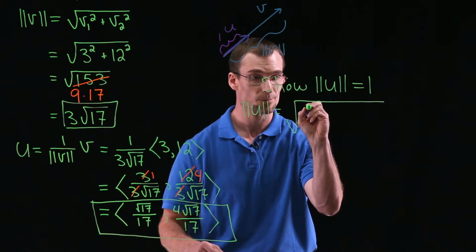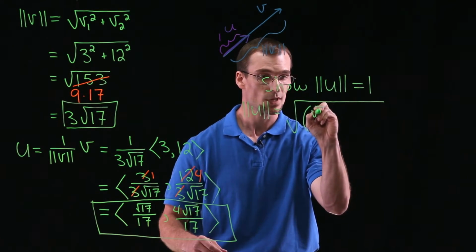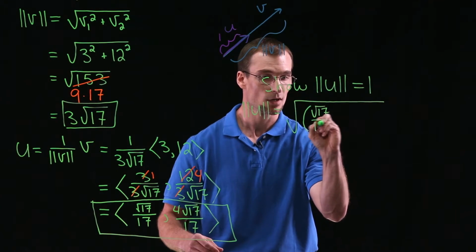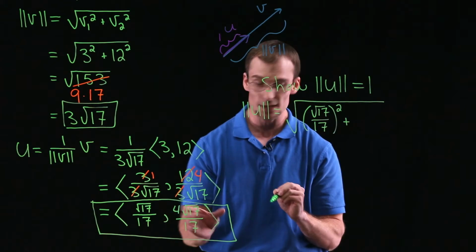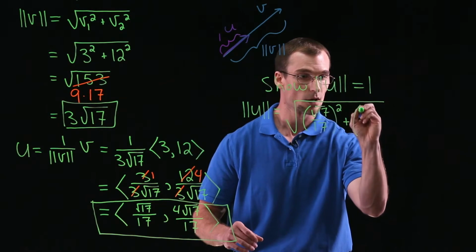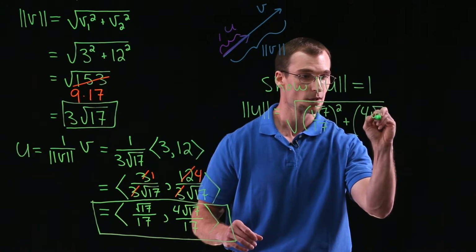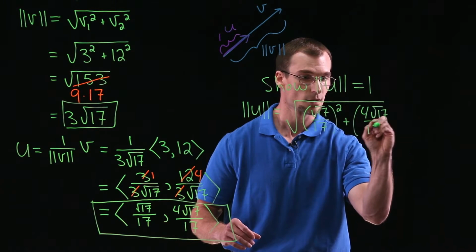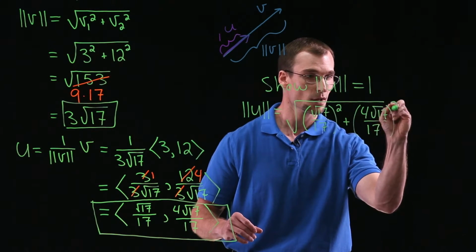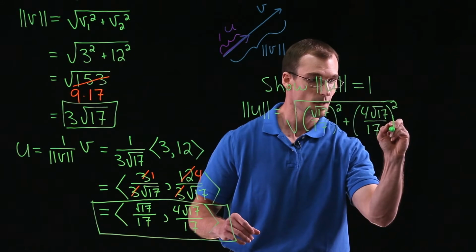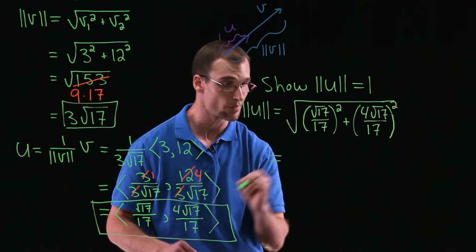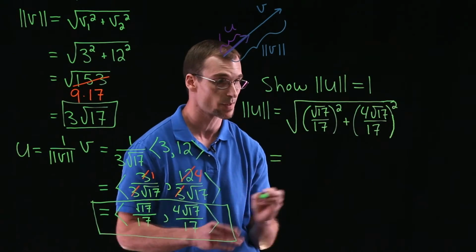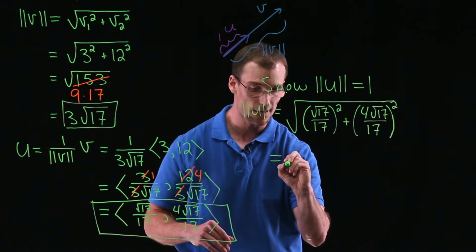Its first component is the square root of 17 over 17, and we square that, and we add that to its second component squared, 4 times the square root of 17 over 17, and we square that. From here, we could just plug everything into a calculator and see that it comes out to be 1, but we'll simplify things by hand here.